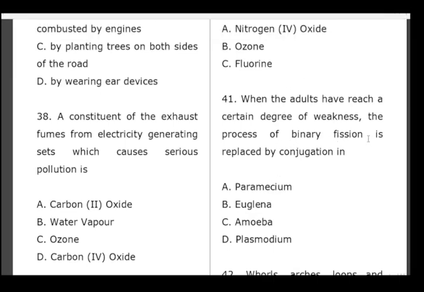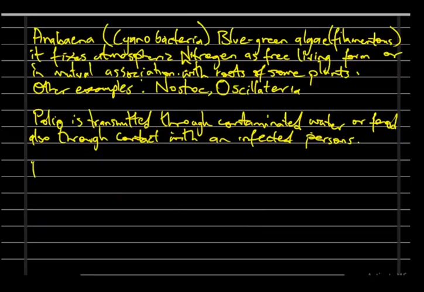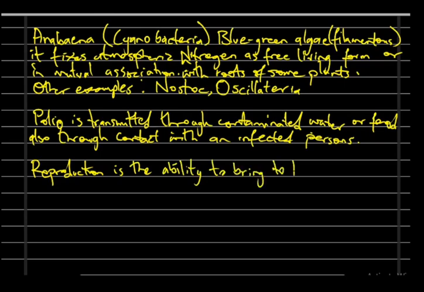We have binary fission, which is from asexual reproduction, and then we have conjugation, which is from sexual reproduction. When we talk about reproduction, it is the ability to bring to life young ones.